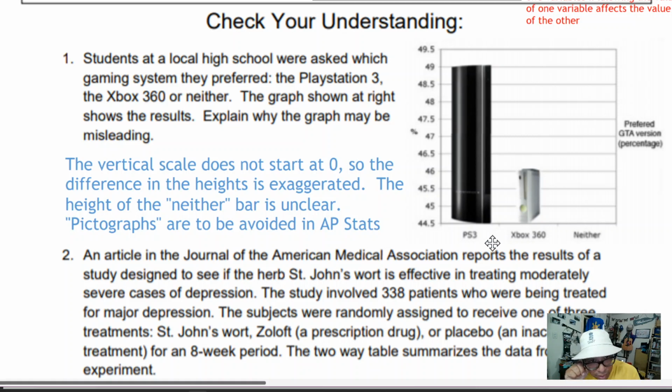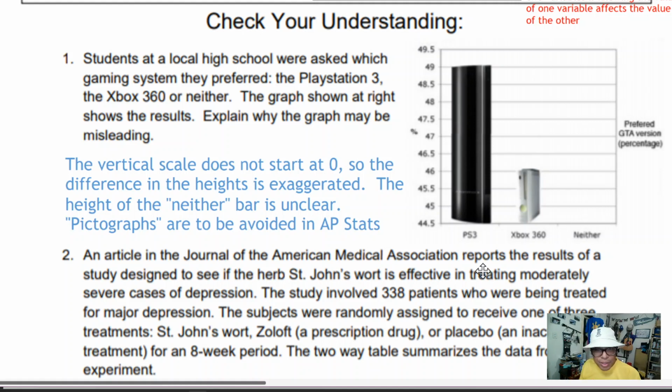So this makes this graph look like the PS3 is preferred by over 2 to 1. But in reality, it's only 3 percentage points, 46% to 49%. So it's certainly not double, not triple the amount of people prefer the PS3. So that's kind of misleading. Furthermore, we don't even see the neither bar, so that makes us think that it's 0.